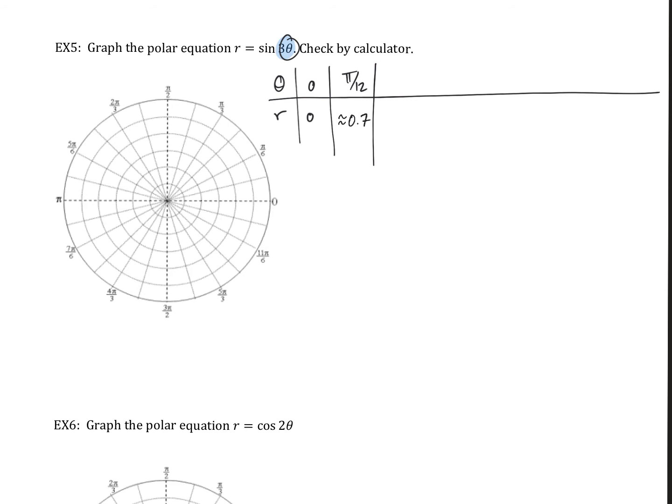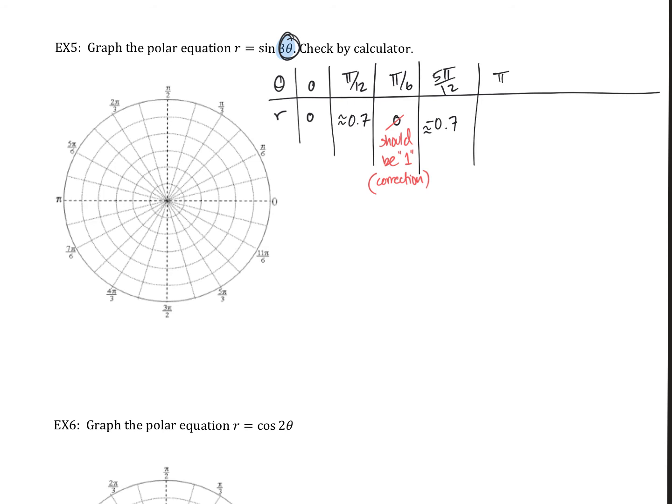Okay, and then another one we could pick is pi over 6. 3 times pi over 6 gives us pi over 3, and sine of pi over 3 is 0. We'll just keep picking values that we can simplify with that 3 times theta, and slowly give us a few more values to work with.